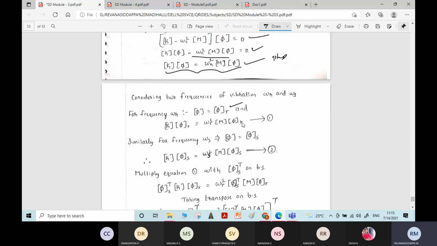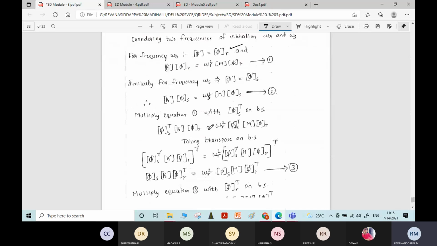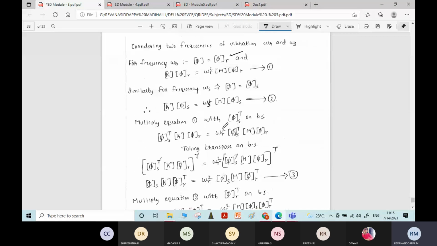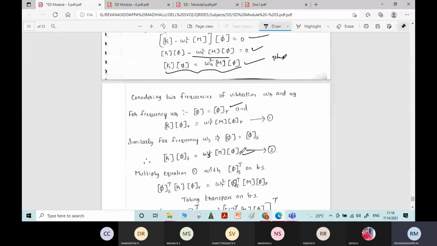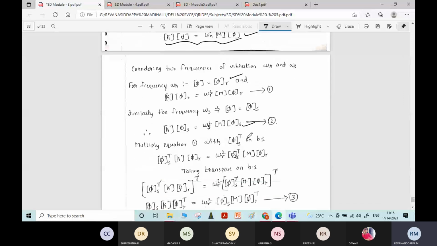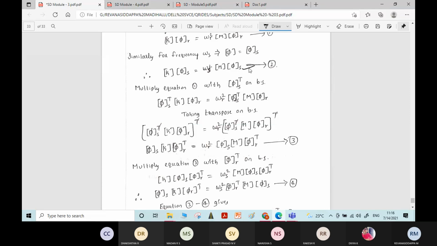Similarly, corresponding to phi s, the natural frequency is omega s, and the same equation is rewritten with respect to mode shape s: k into phi s is equal to omega s square into m into phi s. So you got two equations now. This is the second step.